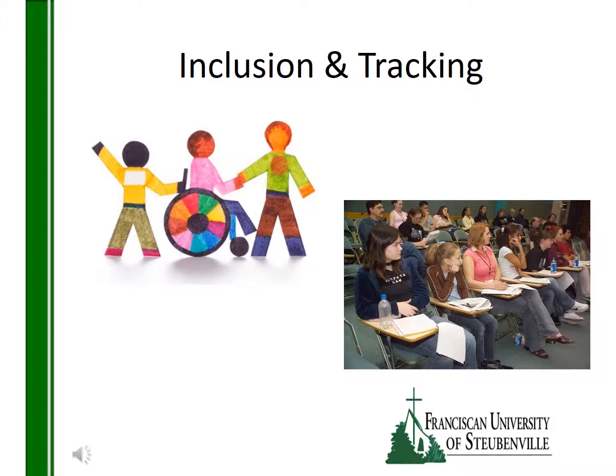Tracking. The text takes the position of no on ability grouping. And the rationale for that largely comes from the stigma and the lack of achievement that occurs for students who are placed in low track classes. So your low ability students end up with students of the same caliber of achievement.